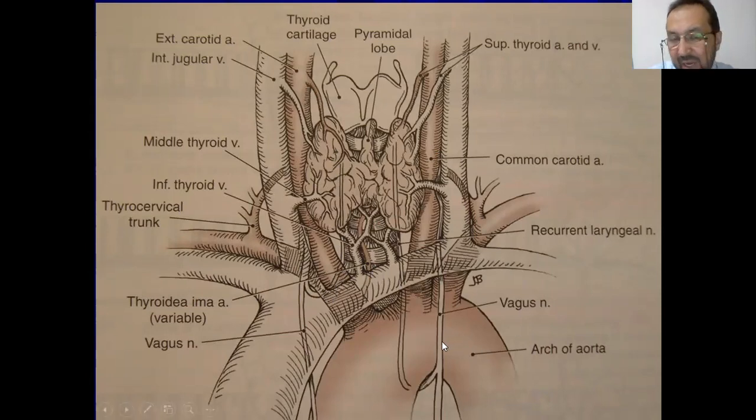On the left side, however, it takes off in the superior mediastinum, a bit lower than its colleague on the right side, where it winds around the aortic arch, and then it goes again into the tracheoesophageal groove, having a less steep angle, and passes upwards to enter the larynx as well, at the level of the cricothyroid muscle of the inferior constrictor of the pharynx.